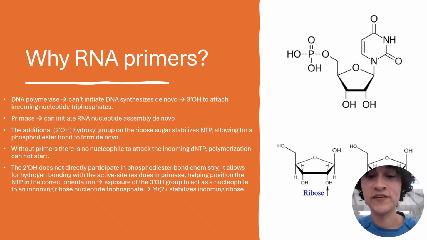Okay, so it allows for that exposure to allow that initial polymerization to occur, for that hydroxyl group to accept the alpha phosphate on the incoming ribonucleotide triphosphate. Okay, if you remember, those phosphoanhydride bonds between the beta and the gamma phosphates are cleaved, which allows for that work to happen.